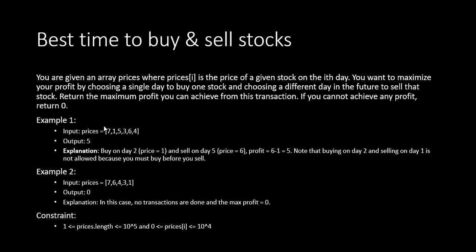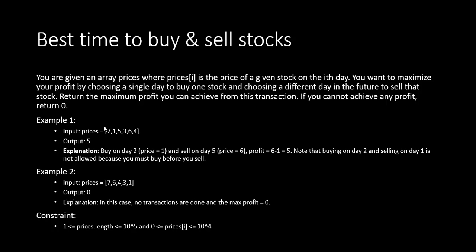You are given a task to maximize the profit by choosing a single day to buy and, of course, another day to sell in the future. For example, if you're buying on day 1, where the price is 7, you're not supposed to sell on the same day, because you are not making any profit; the price is assumed to be the same throughout the day.